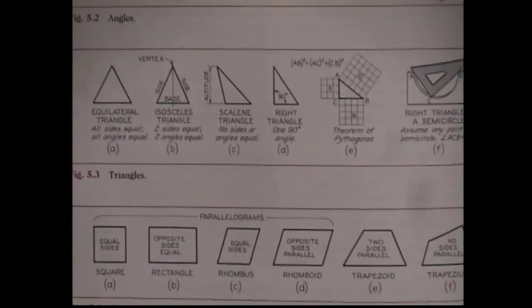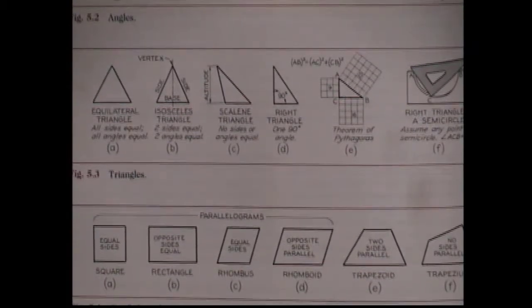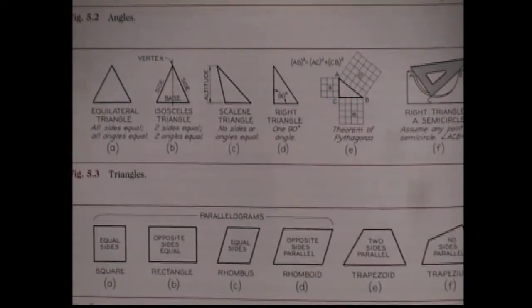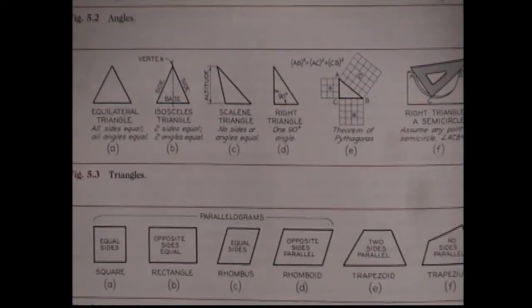That's a big deal. You need to understand that because when you're creating geometry, if it's not a regular polygon, then it's not going to follow all the rules. A regular polygon has all sides equal and all angles equal.